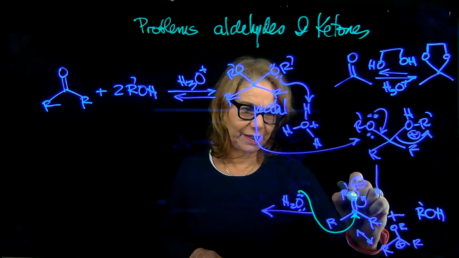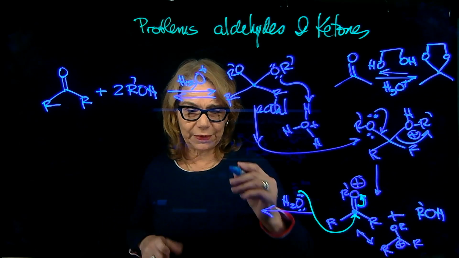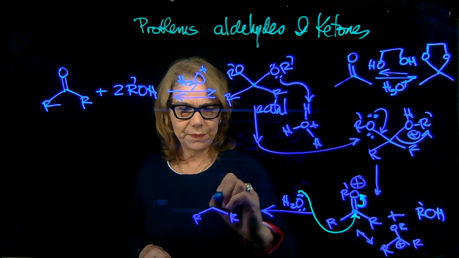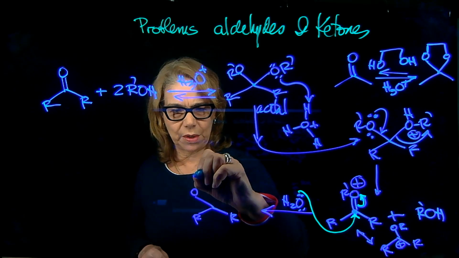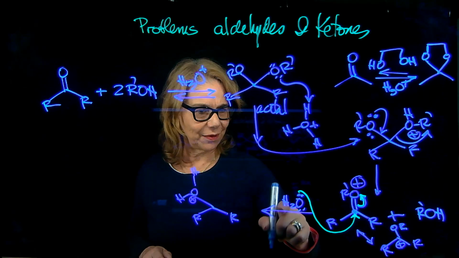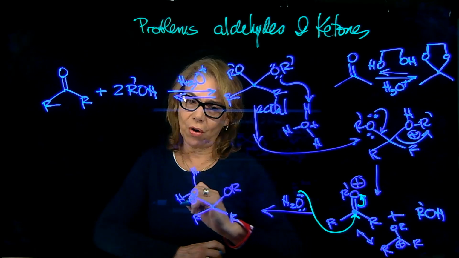So here it is, and I'm moving those electrons over. So when I do my nucleophilic attack, I'm going to have R, and now I'm writing my water on this side. I had attack with this, so now this is formal positive, and this is OR.